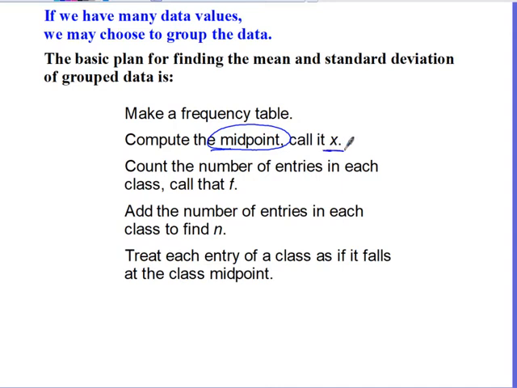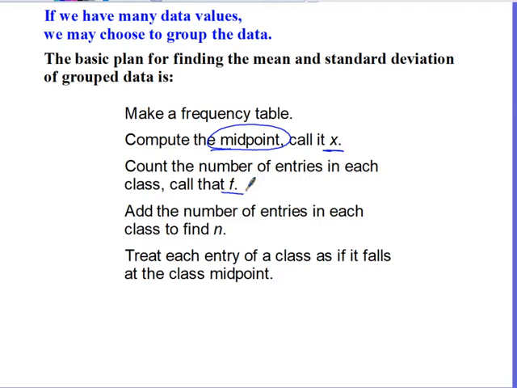We're going to pretend that is the raw data. In each entry, we'll call that frequency f. We're going to pretend that every single instance in that class was the midpoint. Just because we didn't know if that number was 0 or 39, I'm going to pretend that that one number actually was the middle of that class, which is 19.5.